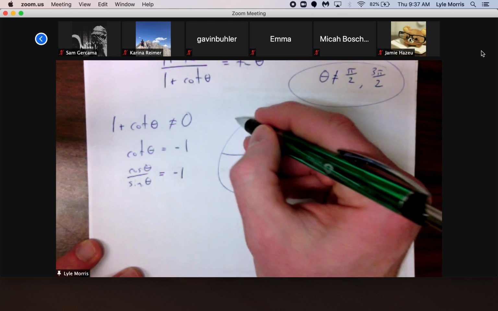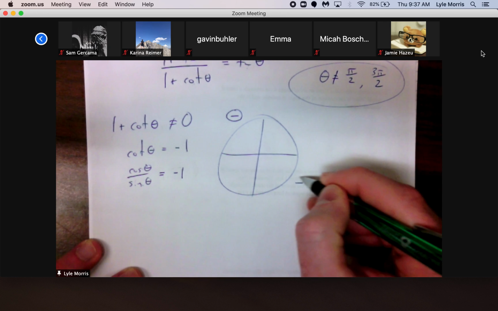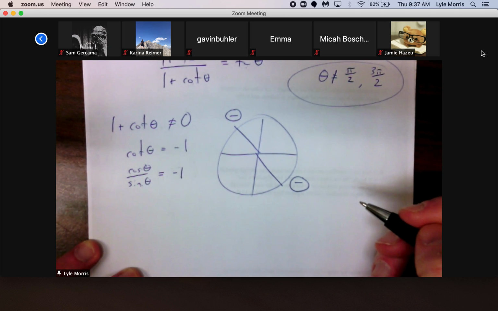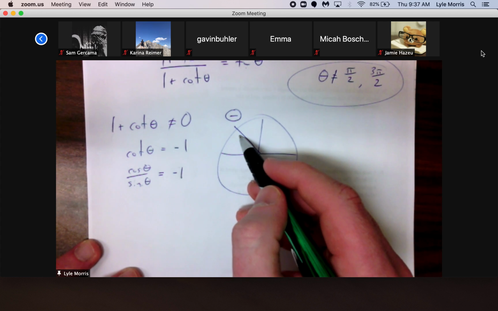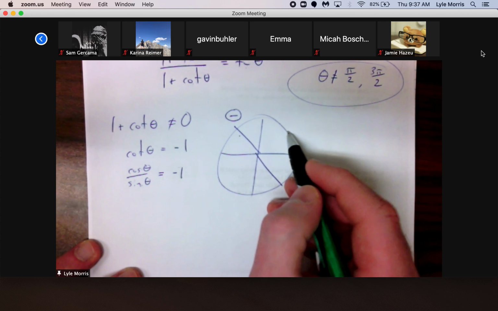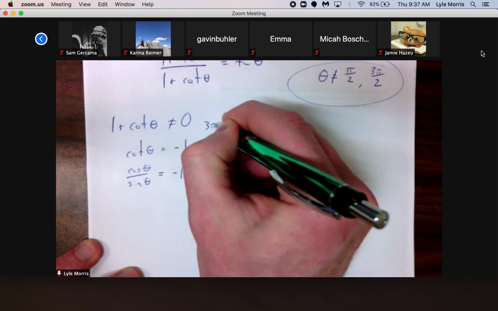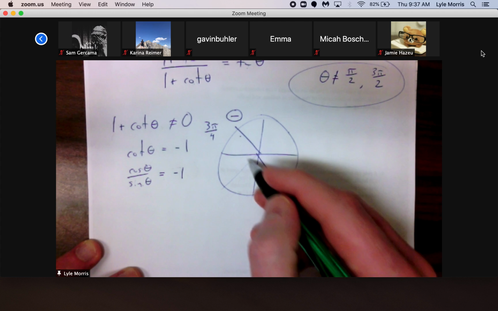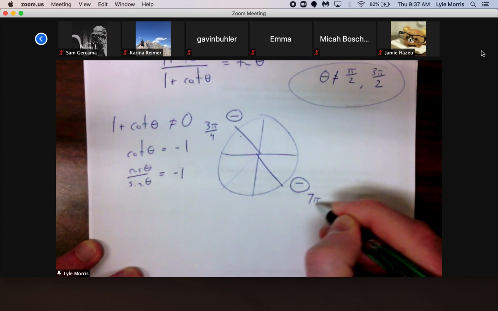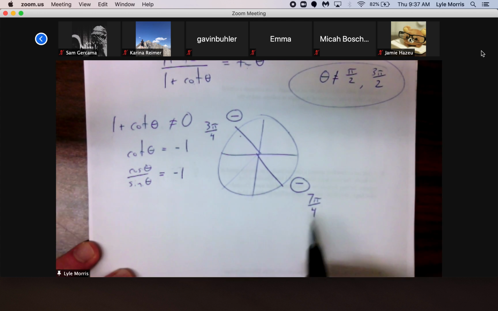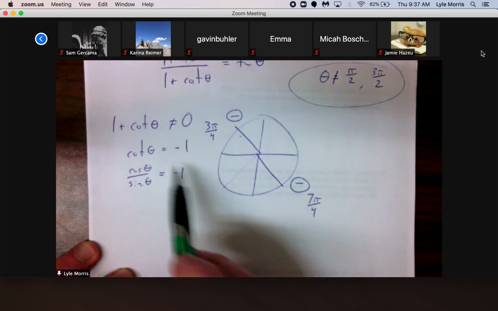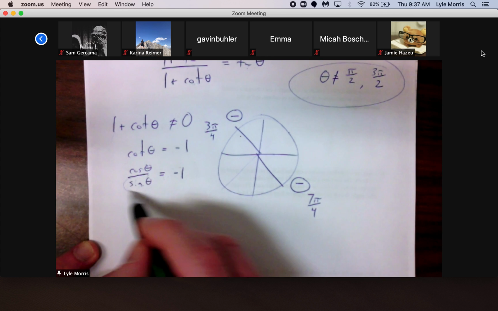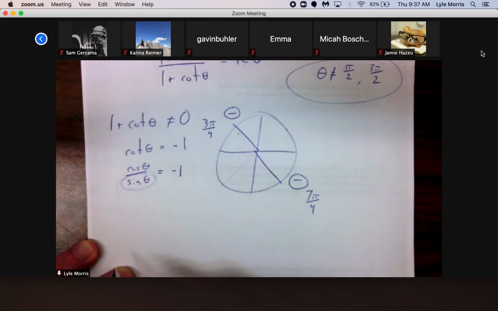Tan is negative over here and over here. And to get 1, it's our 45-degree angles. So in pi over 4, that's 1, 2, 3, so this is 3 pi over 4, and 4, 5, 6, 7, 7 pi over 4. So it cannot equal these ones, as well as the other places, because this is a fraction as well, and this one can't equal 0 either.